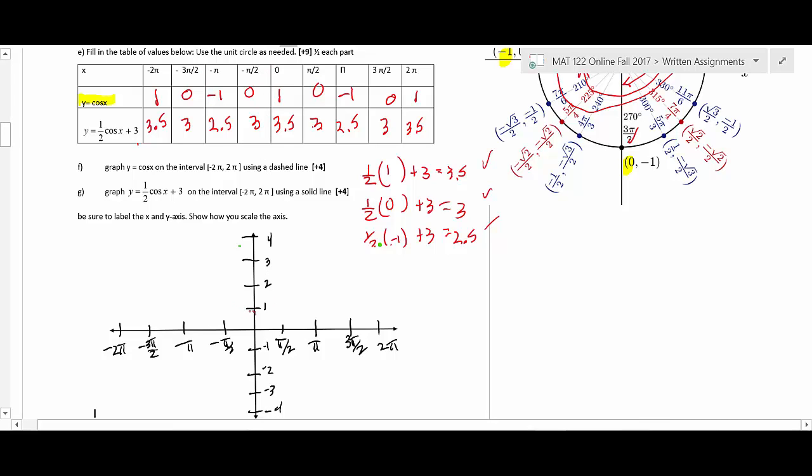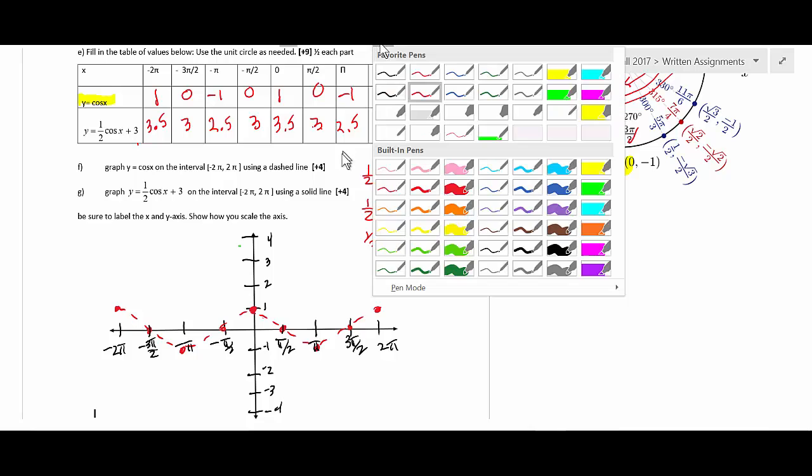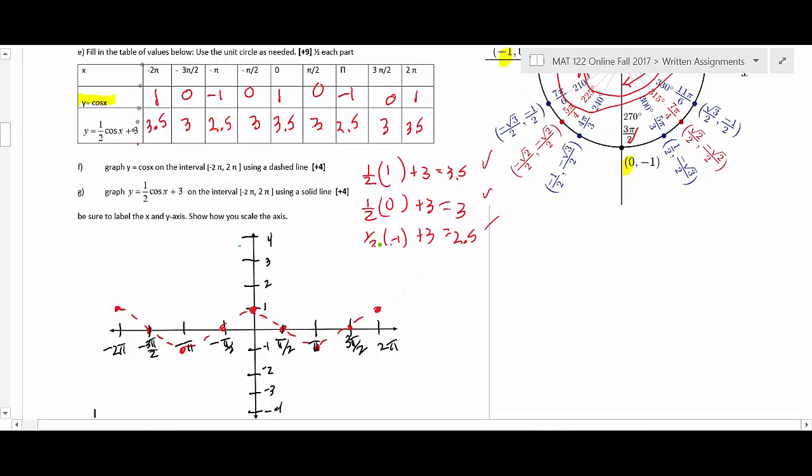So the cosine I'm going to do pretty quickly. Cosine starts there and cycles through these key points like this. Once you practice that, you'll start doing it real fast and very efficiently once you get that memorized. Okay, now let's do the cosine, the final product here, and we'll do that in green.